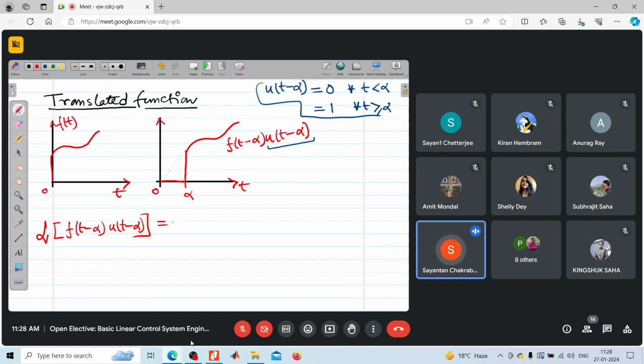So that will be from 0 to infinity f of t minus alpha u of t minus alpha e to the power minus st dt. Now you can change the variable from t to tau by, say, tau equal to t minus alpha.